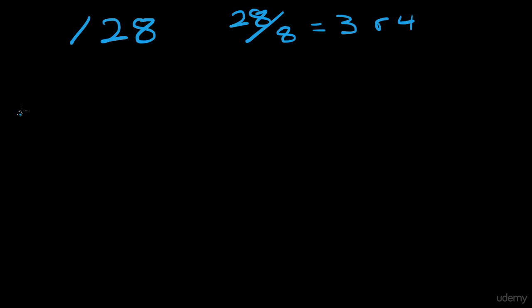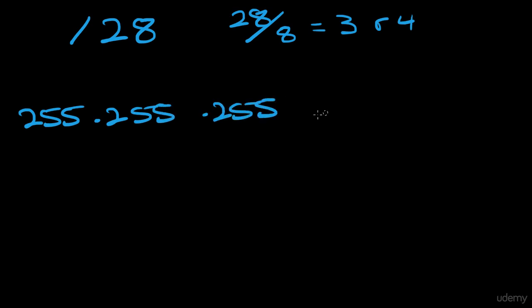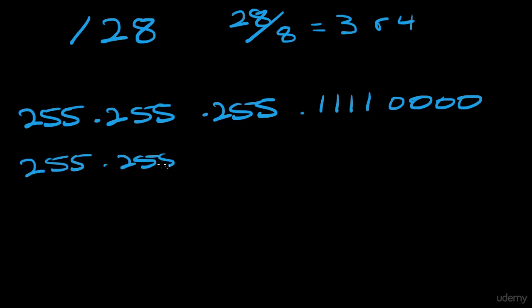So what this works out to is 255.255.255. then 4 ones, and the rest are zeros, which works out to 255.255.255.240.